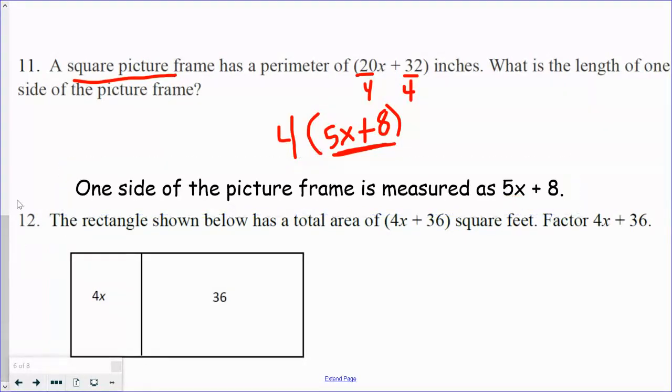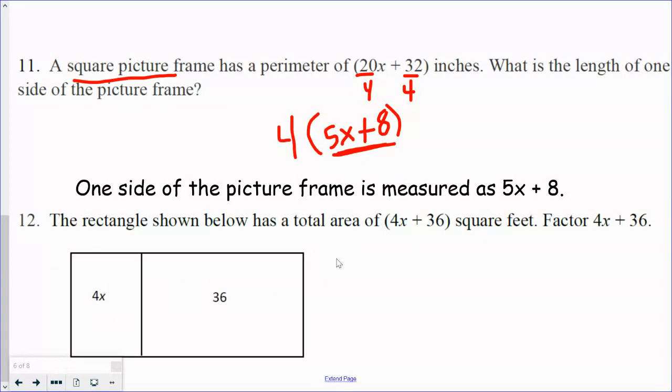Okay, so now we have the rectangle shown below has a total area of 4x plus 36. We need to factor out 4x and 36. So when I look at this, I'm like, all right, what number can I take out of 4 and 36? They don't have the same variable, so I'm not going to worry about that there's a variable.